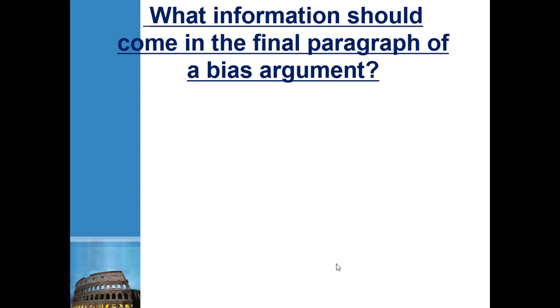Well, it means language or elements of an argument that support one side of an argument unfairly over another. Bias is when a statement reflects a partiality, preference, or prejudice for or against a person, object, or idea.